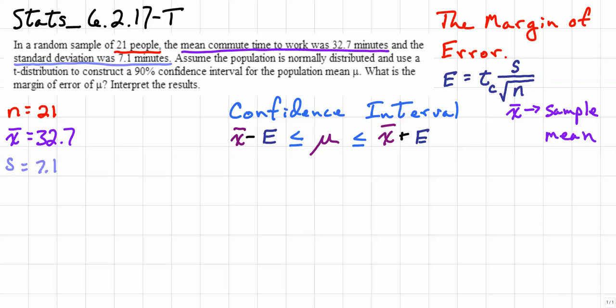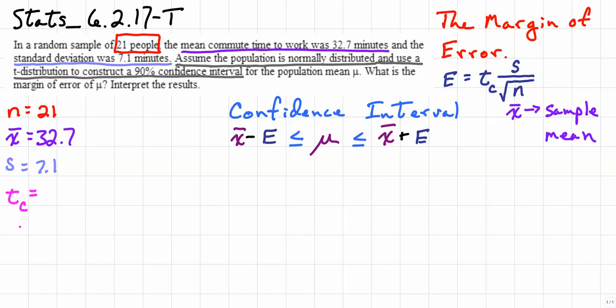We're told to assume the population is normally distributed, but use a t-distribution to construct a 90% confidence interval. The reason we're using a t-distribution is because our sample size is less than 30. So we need to find t sub c from our table, which is table 5 in the textbook.